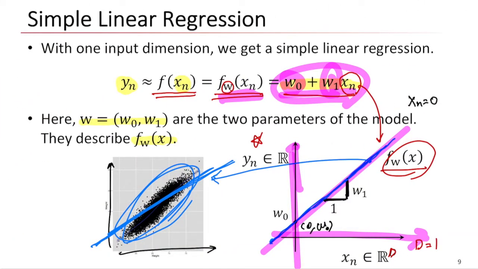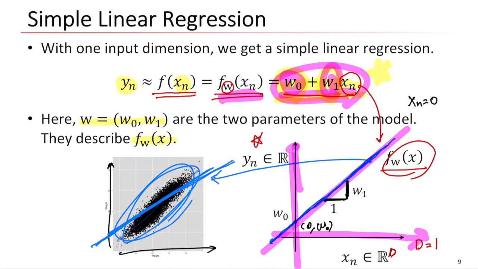So we need a mapping function, or the hypothesis, or just the function of the linear regression. So in the linear regression, there exists just the linear equation, something like this. In this case, W0 and W1 are parameters that we have to learn during the training phase.